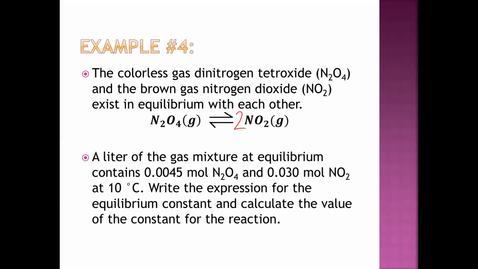And we want to write the expression, so like product over reactant. And then we also want to calculate for the value of the constant. So we want to calculate for the K. Okay. Now I do not have very much space, so I need to add a slide.